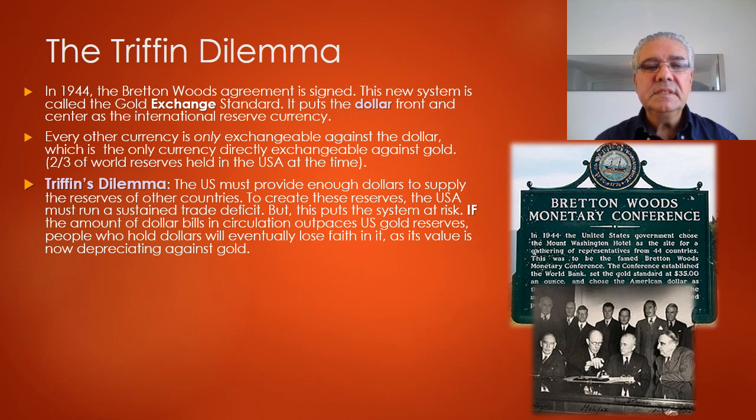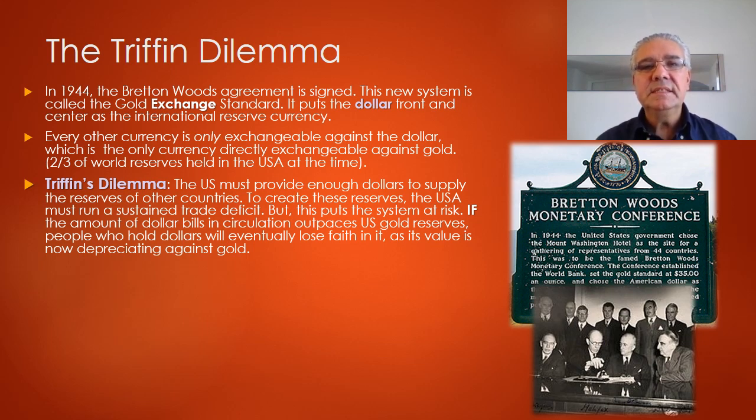But this puts the system at risk. If the amount of dollars that are produced and issued and created by the US outpaces the amount of gold reserves that the US owns, then the dollar will lose its value, and the other countries and the holders of dollars will lose faith in the dollar and essentially will not want this money anymore, and that will precipitate a crisis in the whole system.